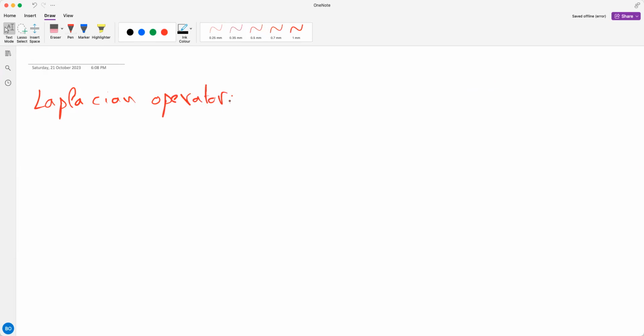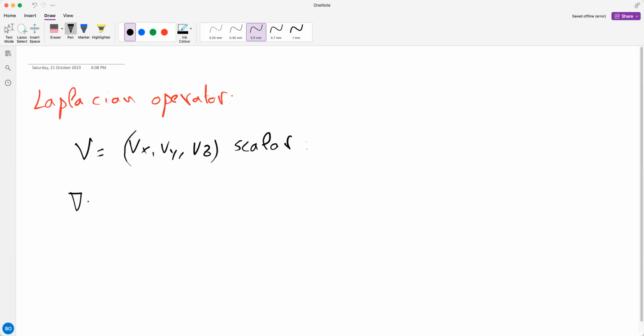The Laplacian operator is when we have multiple combinations of operations on scalars and vectors. For example, if I take V equal to V(x, y, z), this is a scalar. Now, for a scalar, I can use a gradient to calculate the rate of change of the scalar.